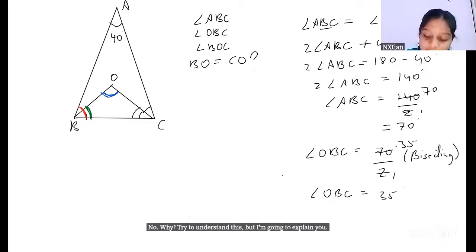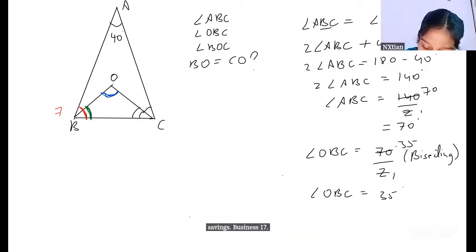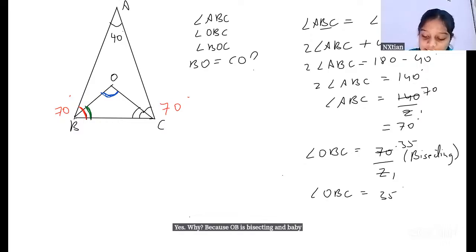This is 70, this is 70, this is also 70, isosceles triangle. Now OB is bisecting angle B, OC is bisecting angle C. OBC and OCB are 35. Why? Because OB is bisecting angle B, so it will be half, that is 35. And OC is bisecting angle C, so it will be half, that is 35 here also.